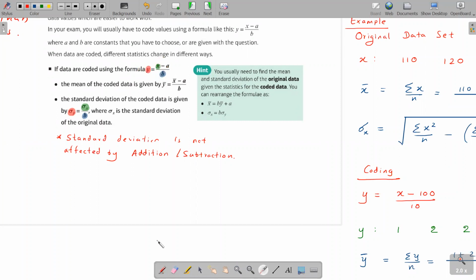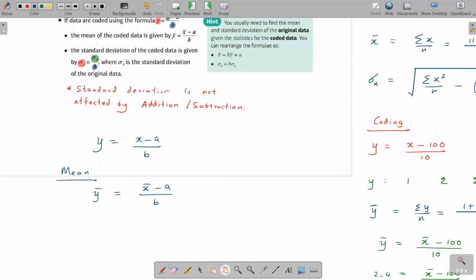Okay, so basically when you have the format y equals x minus a over b, to find the mean, the equation becomes y bar equals x bar minus a over b, right? Are you with me? But when you're finding the standard deviation, what happens to the equation?